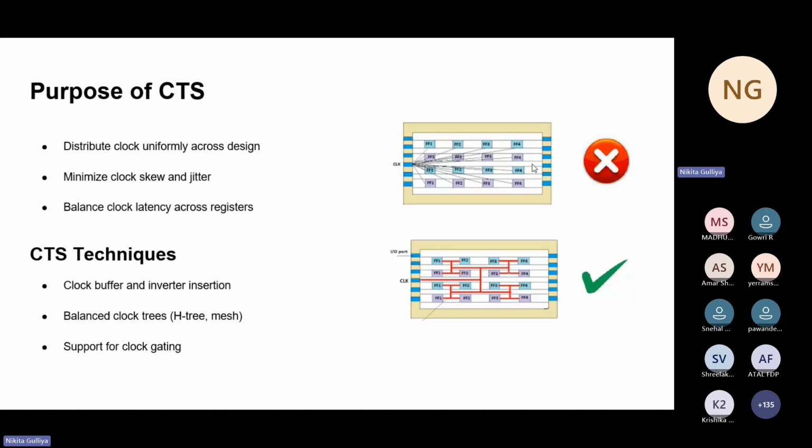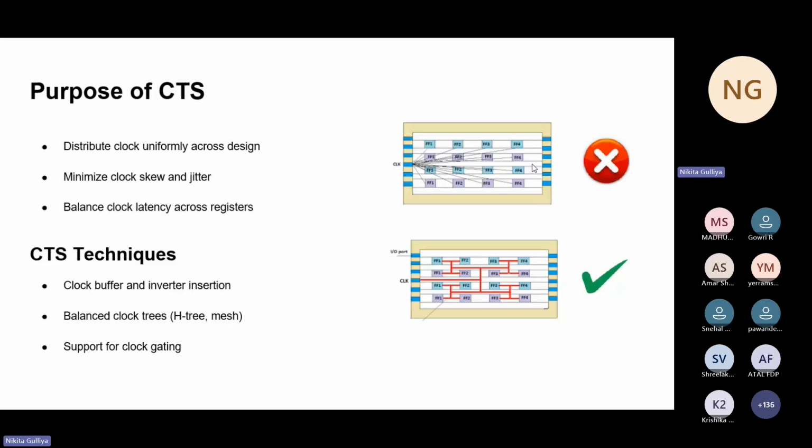CTS also helps balance clock latency across registers, which is essential for correct synchronous operation. A well-designed clock tree ensures reliable timing across the chip, because as you know, all the components of the chip should get the clock at the same time.